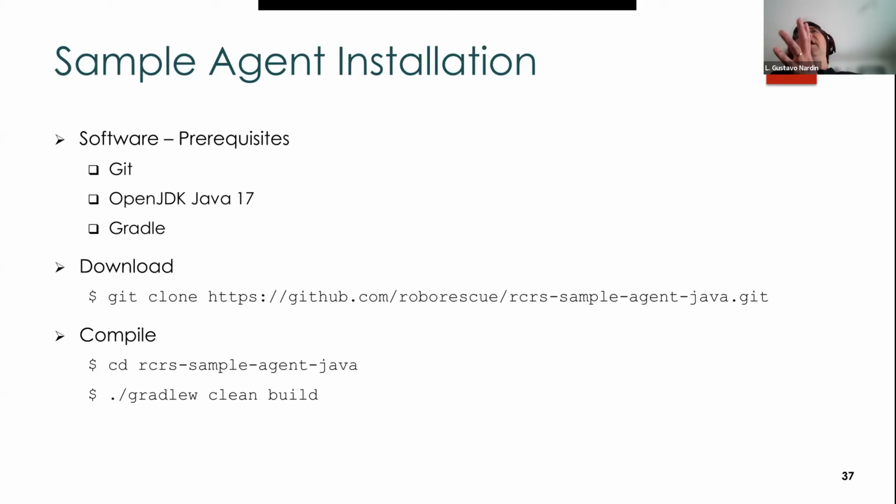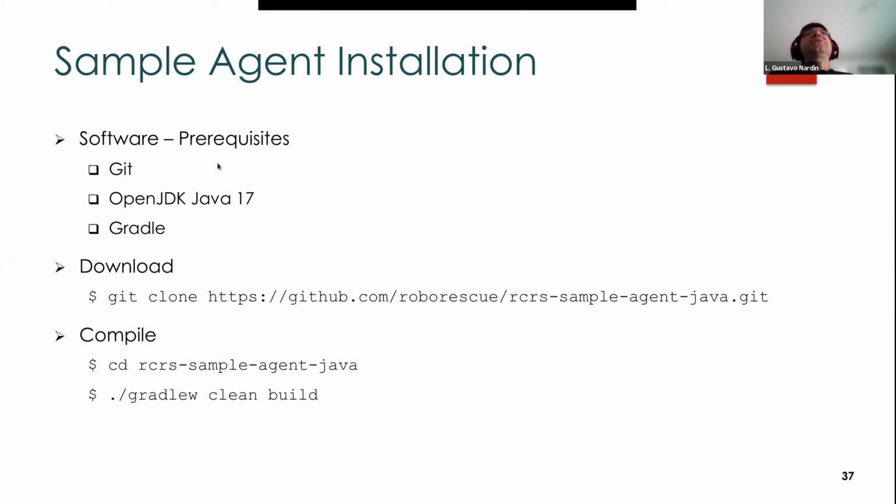But well, you have to install the server. The server is one part. Then you also have to install an agent, or you can implement the agent. The simulation server does not come with a team of agents in itself in the repository. You have a separate repository with it that we call the sample agent repository.